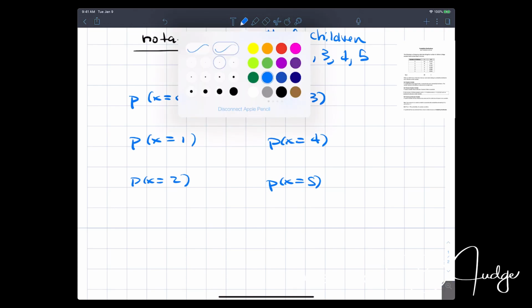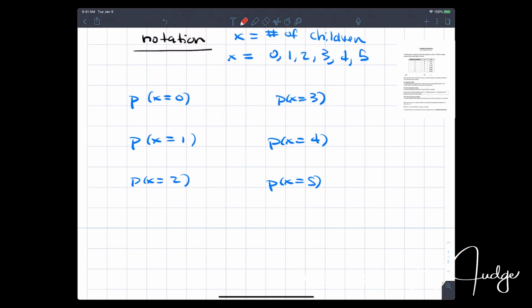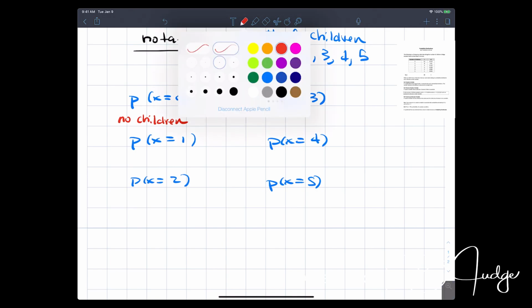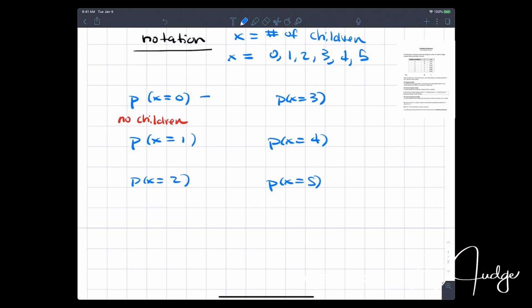So when x is 0, they're talking about having no children. This is something we have to discuss. No children when x is 0, because no, in some ways, is 0. So to have no children, I want you guys to read your table and tell me what's the probability of having no children. This is the probability that x is 0.